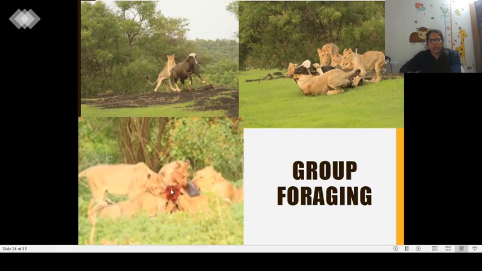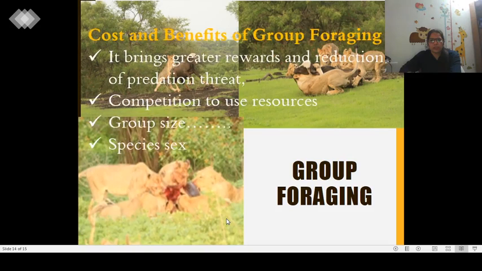In the third picture, all individuals are eating their share, but as per its condition of costs and benefits, it brings greater rewards and reduction of predation threat.